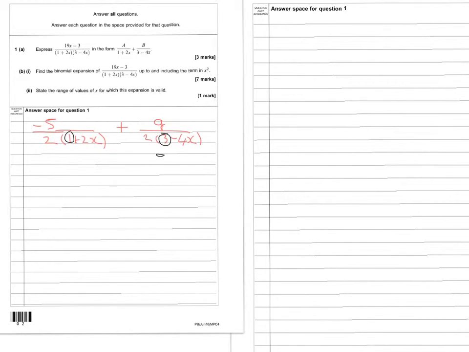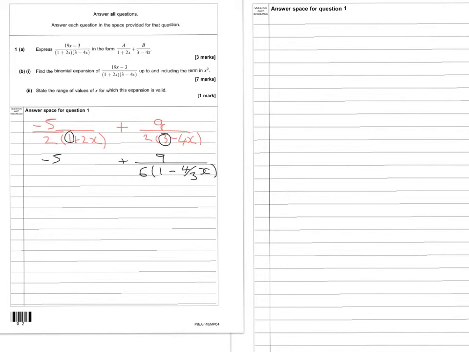So this will be 9 over 6, 1 minus 4/3 x. Quite a few of us took this up to the top line first, which resulted in the 3 affecting the 9, making it 27 over 2, instead of being 9 over 6 or 3 over 2.